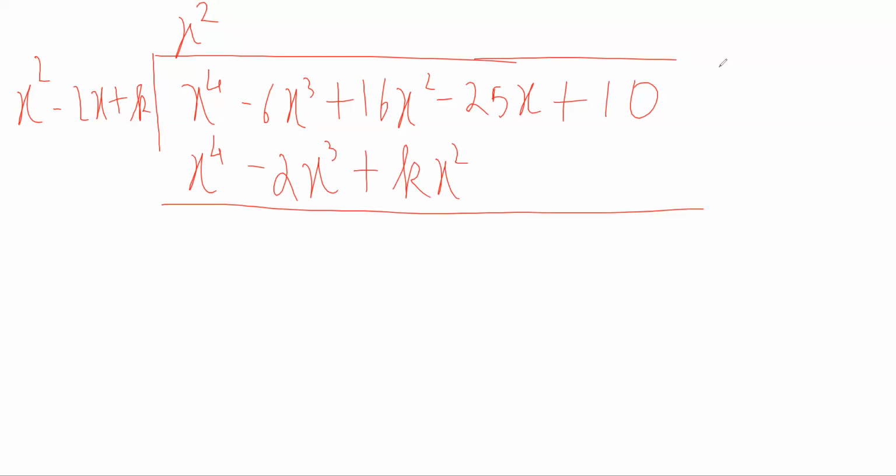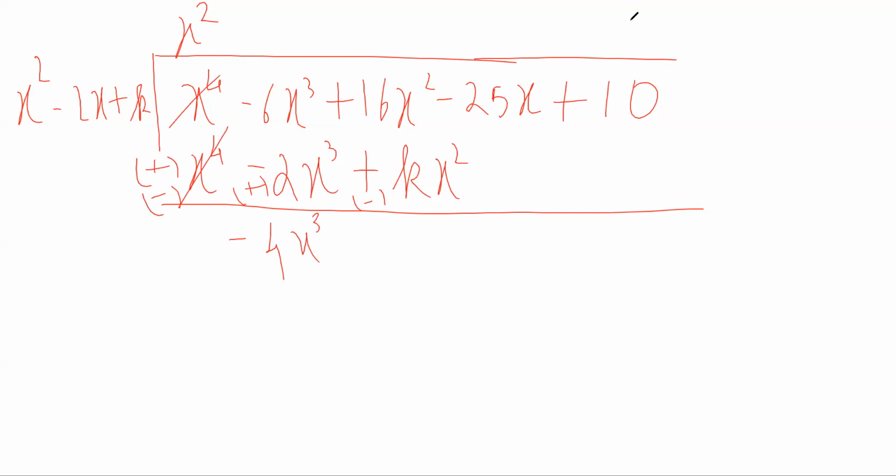Now you are going to change the signs: plus becomes minus, minus becomes plus. So x to the power 4 gets cancelled. Minus 6x cube plus 2x cube gives you minus 4x cube.